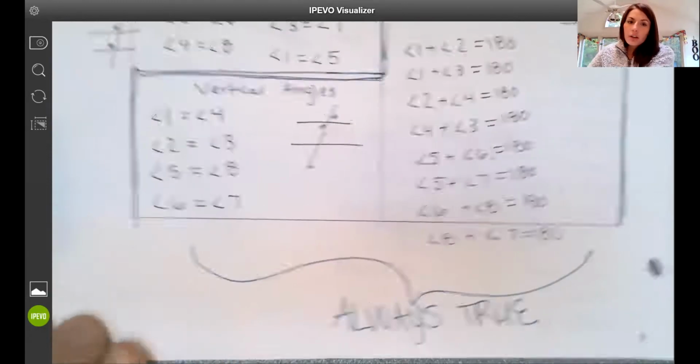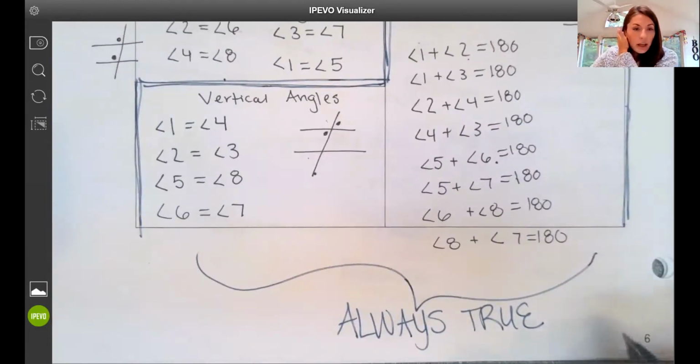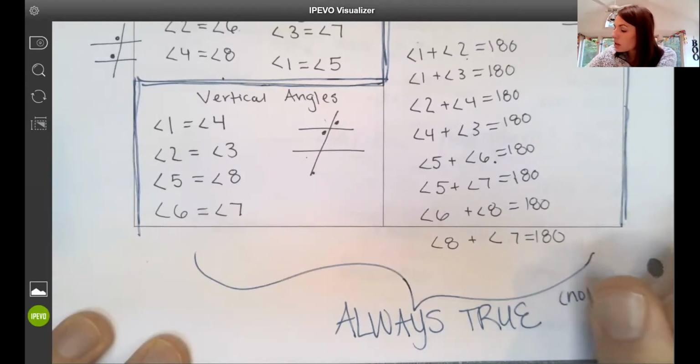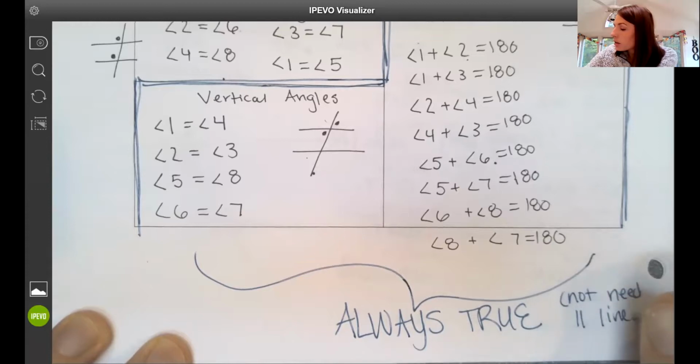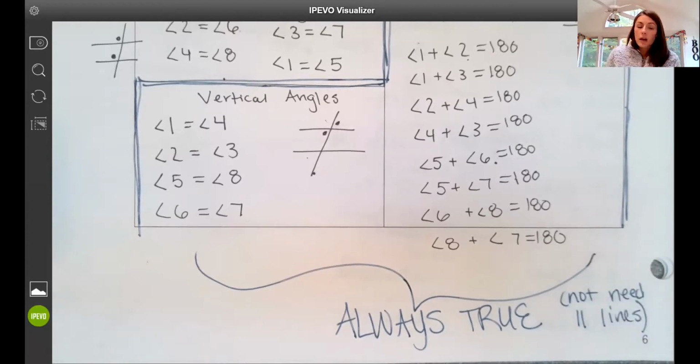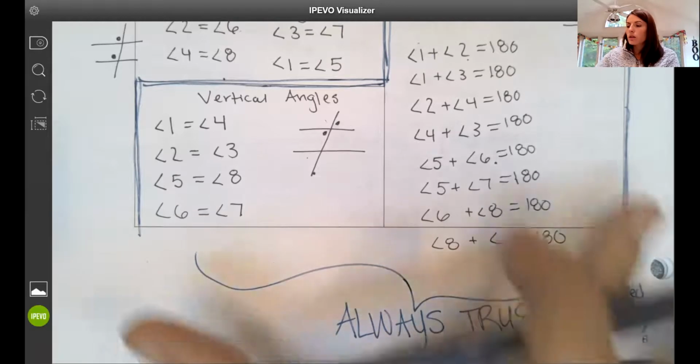No matter what the diagram is, doesn't matter if we have parallel lines, we do not need parallel lines. Last unit was true, this unit it was true. Vertical angles are always congruent, no matter what. Linear pairs, things that create a line, always equal 180, no matter what.